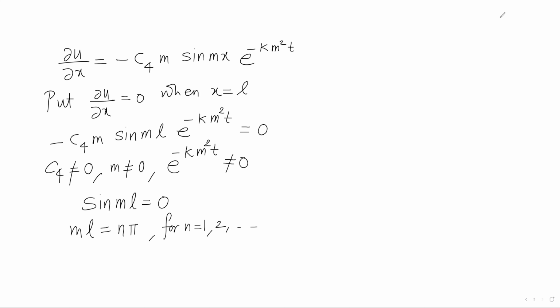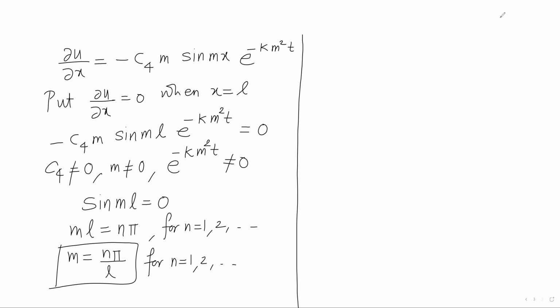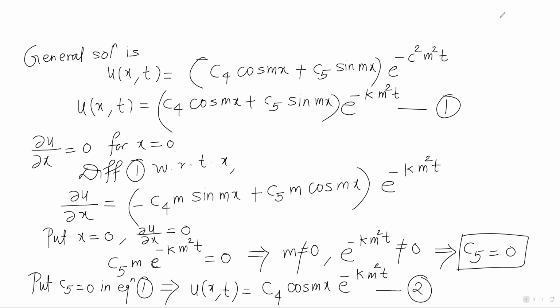So what we get here is the value of m is n pi by L, for n equal to 1, 2 and so on. Let me substitute this in equation number 2.